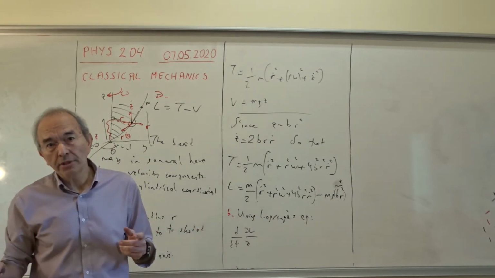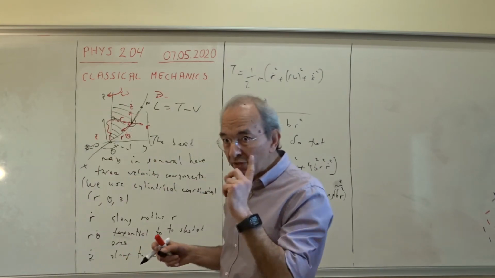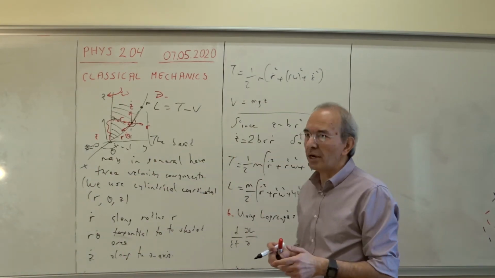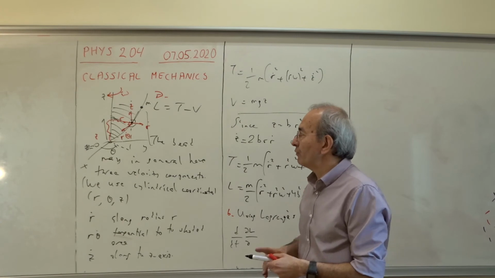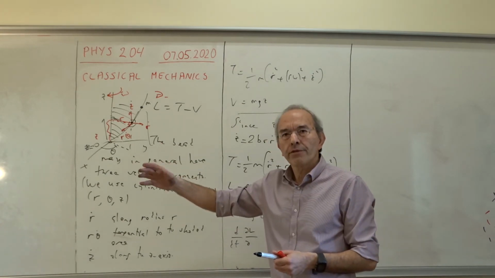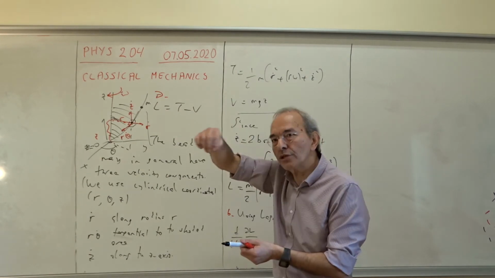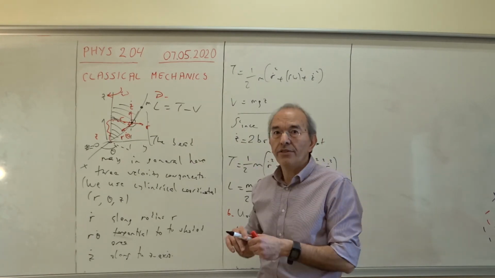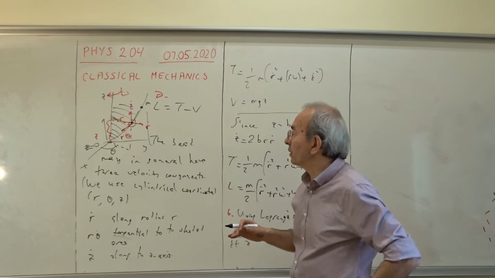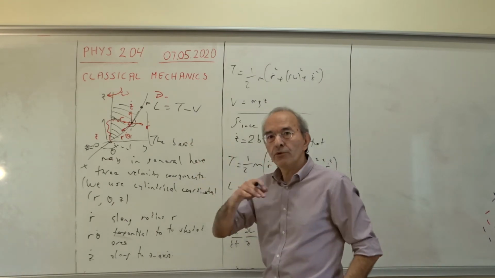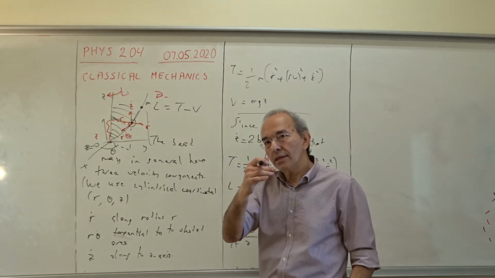There is only one independent variable, which is the radius r. Because theta dot is fixed. That wire is turning at a certain fixed rate. Therefore, it is not independent. Z is also not an independent case. Z is in terms of r.